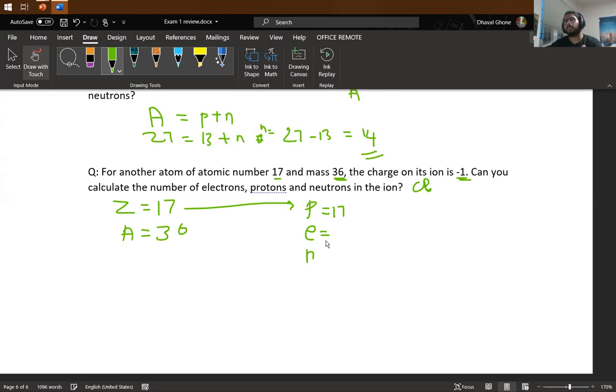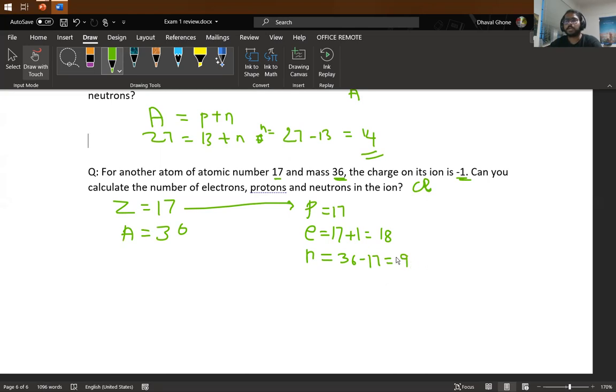Electrons are complicated here because in an atom it would be equal to the number of protons, but we have an ion whose charge is -1. So if it's 17 in the atom, -1 means it gained an electron. So I'm going to add a new electron here, which means 18. And neutrons would be similar to before: 36 minus 17, which is 9.